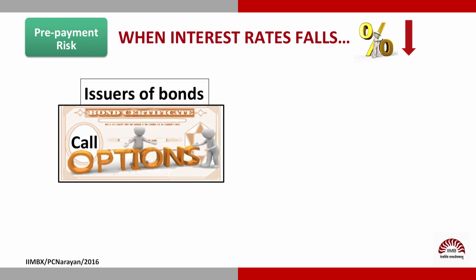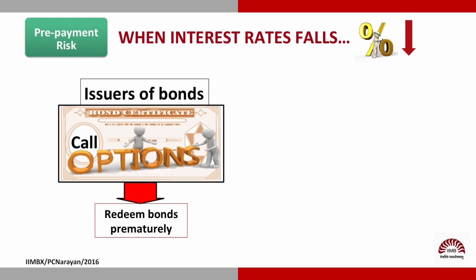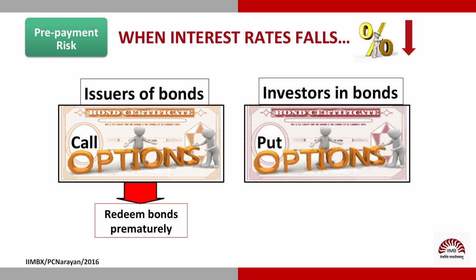Similarly, issuers of bonds with a call option would want to redeem their bonds, and investors in bonds with a put option would also want to exit those bonds prematurely. These actions would naturally have an impact on the balance sheet and profitability of banks and financial institutions, since a substantial part of their assets and liabilities are sensitive to movement in interest rates.